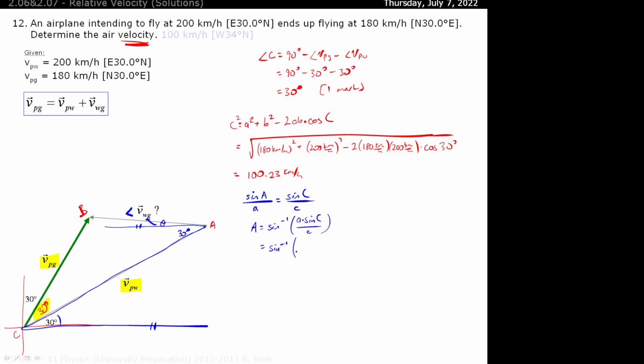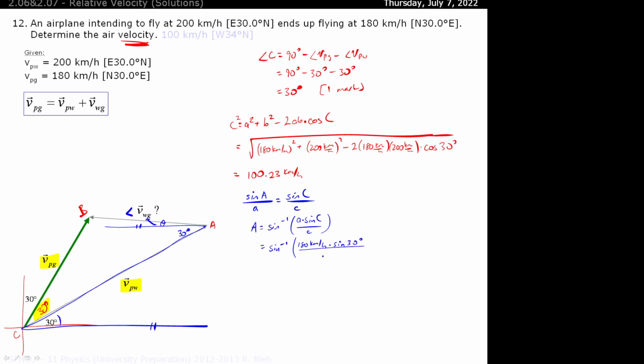Little a is VPG of 180 kilometers per hour times sine of C, of 30 degrees, divided by c.